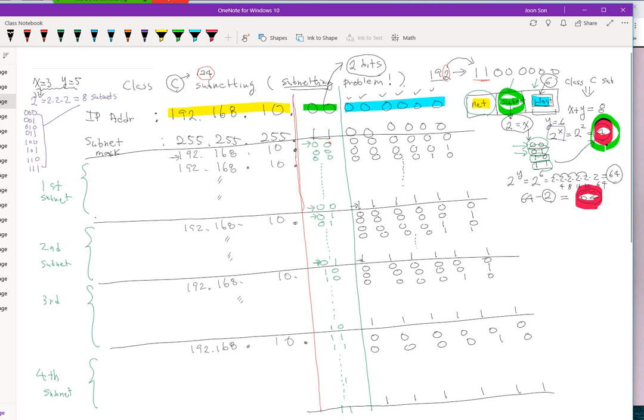By the way, for my exam and everything, if I ask you, what is the network address of the first subnet? What is it? It's the very first one, right? So this is the network address.